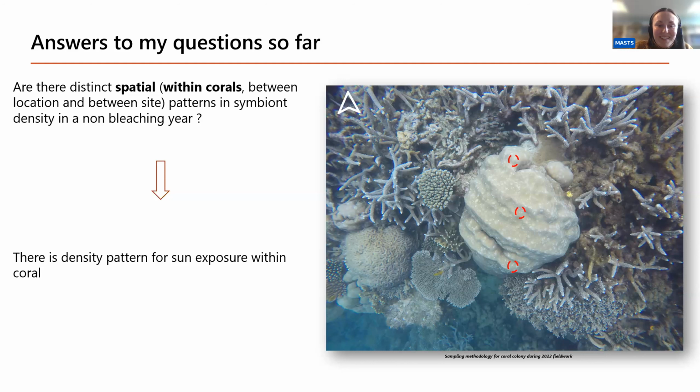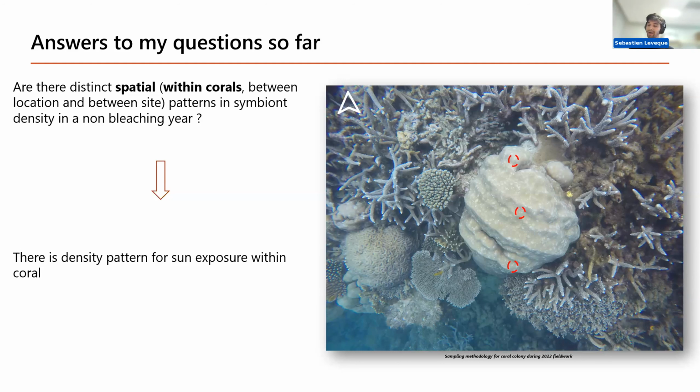Okay, thank you. So I think I might have time to ask another one. What difference would you expect between sampling in a non-bleaching year and a mass bleaching year? I saw that you mentioned the El Niño. During a non-bleaching year, we observe some sort of seasonal variation of the density with regular temperature.